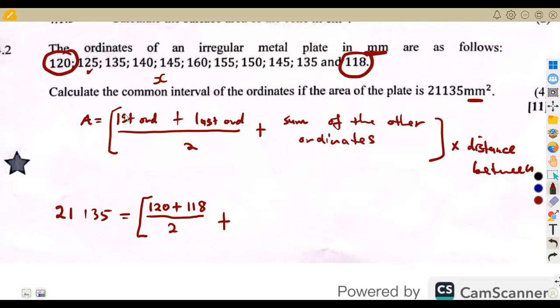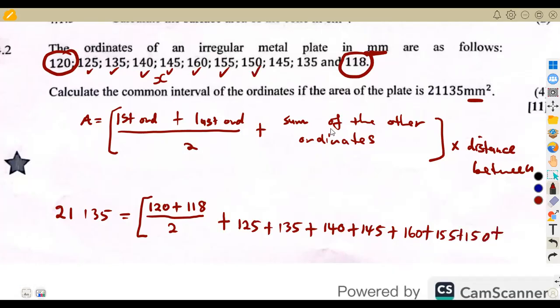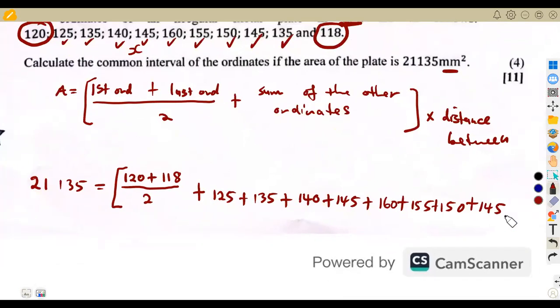So we have got 125, plus 135, plus 140, plus 145, plus 160, plus 155, all right, plus 150, plus 145, and the last one, which is 135, all right, so it's going to be plus 135, sorry.